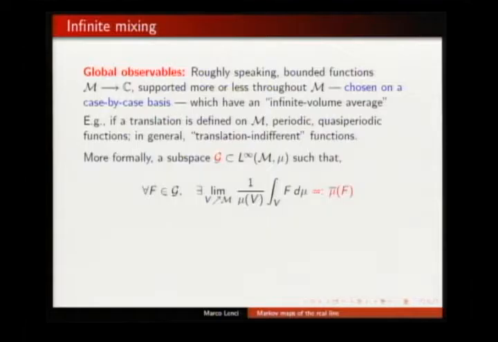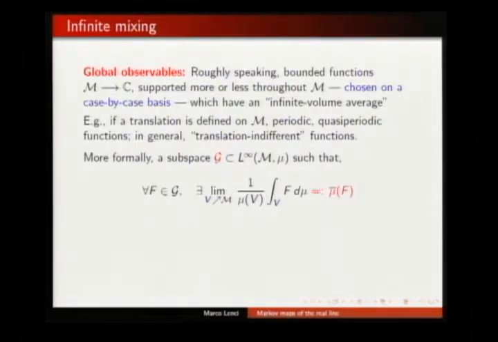It should have an infinite volume average. Remember, I defined the infinite volume limit. So if you take your function, you average it over a large box, once again, independent of the position of the box, only depending on the measure of the box, then uniformly this goes to a limit which is a number. And so this, as I call it, infinite volume average plays the role of the measure of an observable.